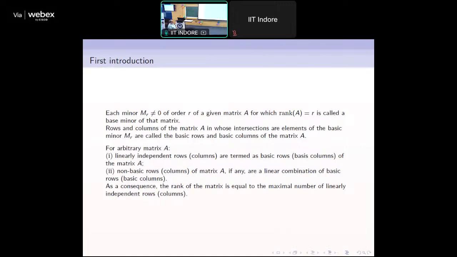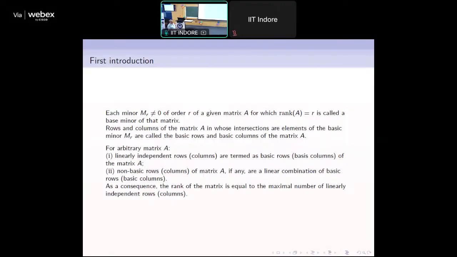Each minor of order equal to the rank of the matrix is called a basic minor of that matrix. Rows and columns which form the basic minor are called basic rows and basic columns.